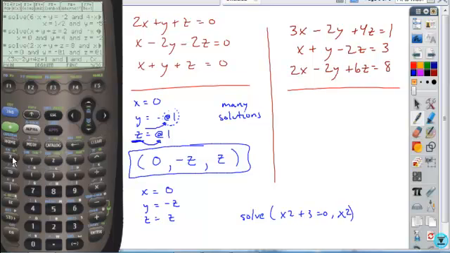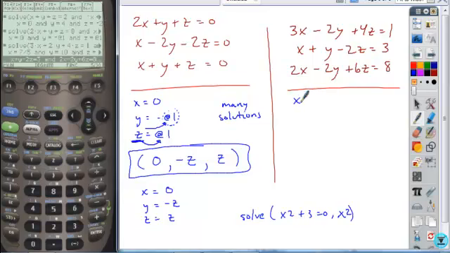Move to my next equation. x plus y minus 2z is equal to 3. Move to my last equation. 2x minus 2y plus 6z is equal to 8. When I hit enter, it gives me my solution.